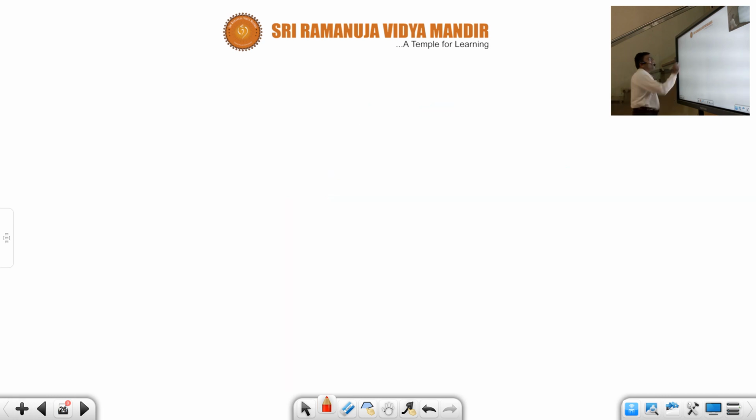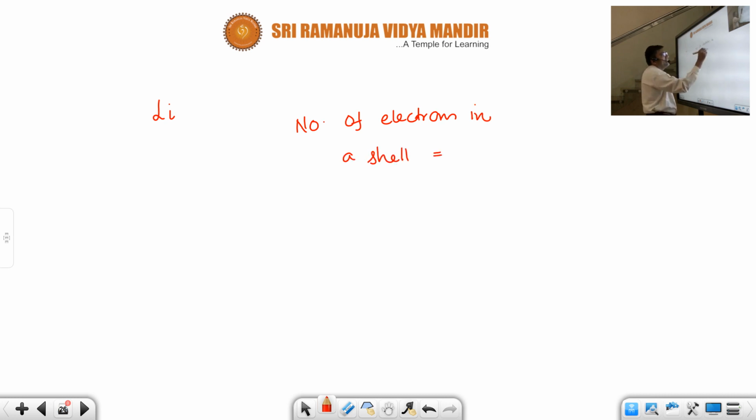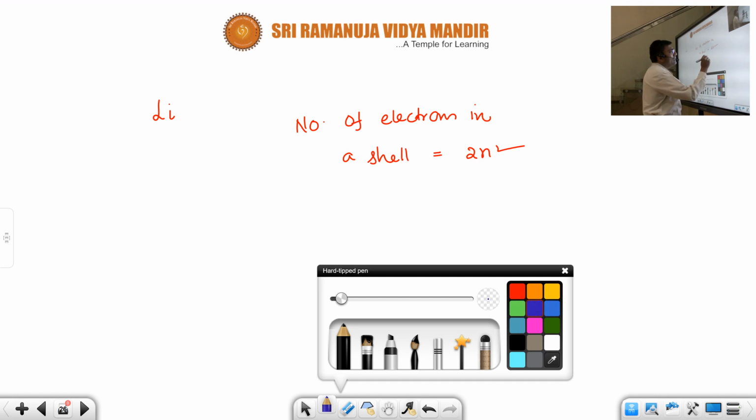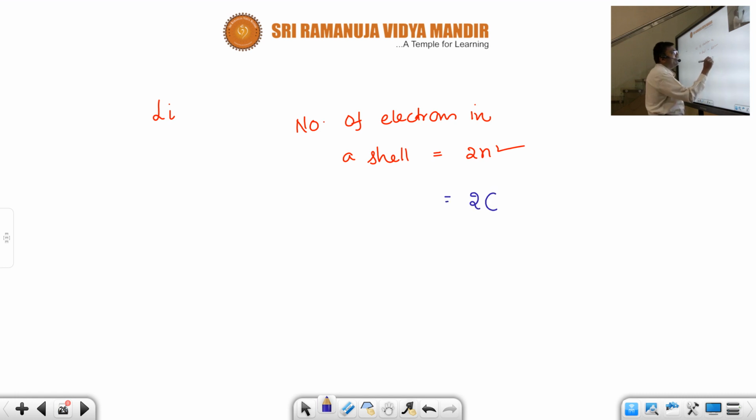Well, students, let us take lithium. Now, there is a rule: the number of electrons in a shell is 2n square. For example, for the first orbit, how many electrons can be present? 2 into 1 square, that is 2.